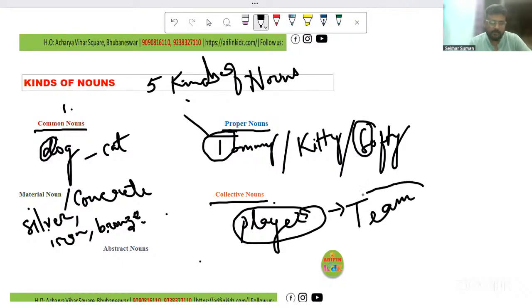Now, this team would suggest the collective noun, okay? In a group, collectively, together, if we are going to address a group of things, animals, or birds, like bunch of keys. Can you suggest me a pack of candles?